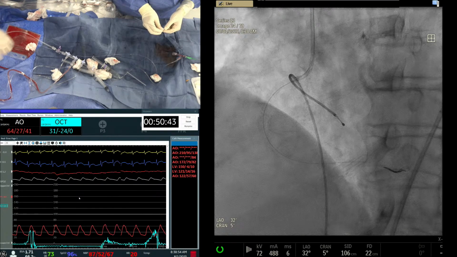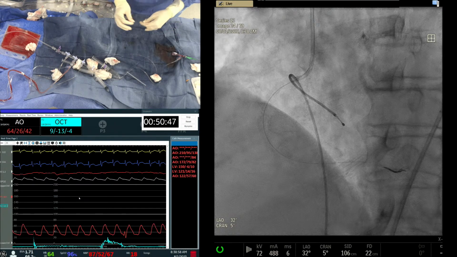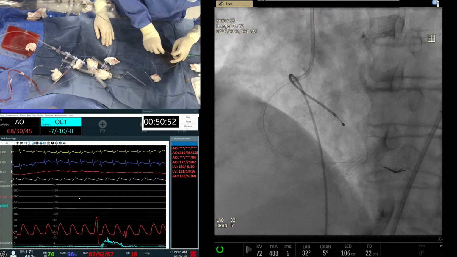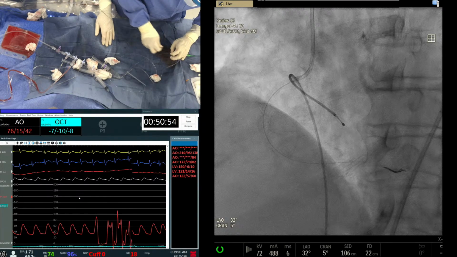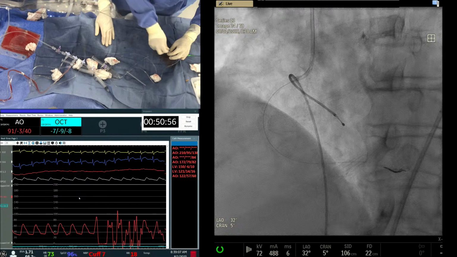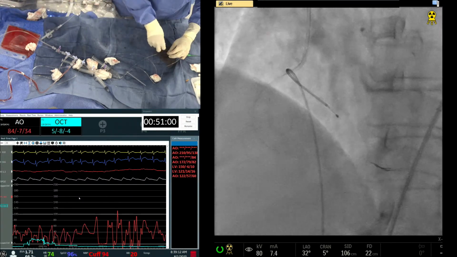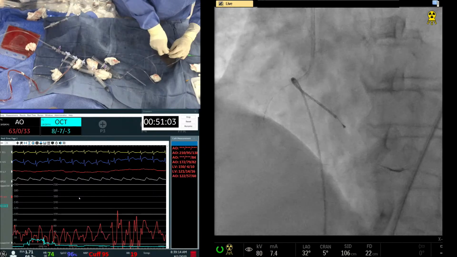So after rota, we'll do one. And then after that, plus or minus after adjunct therapy, or usually after stenting. Since we didn't do pre, we still have maybe two more, right? Okay, let's see how this will go through.